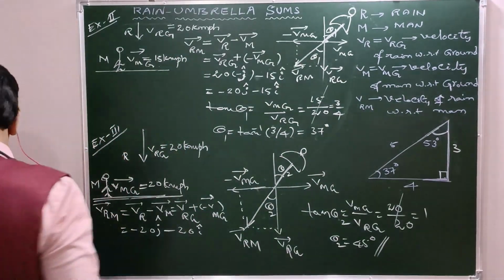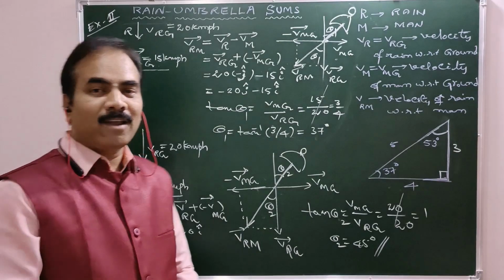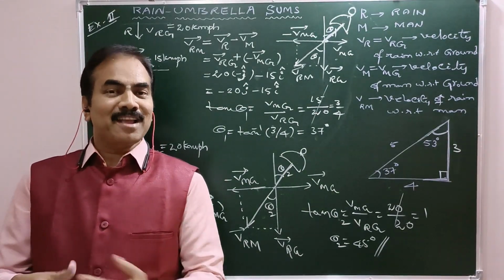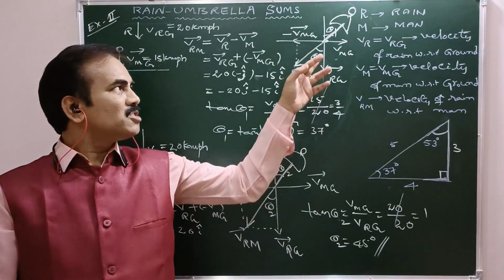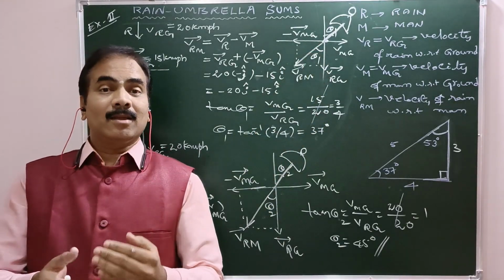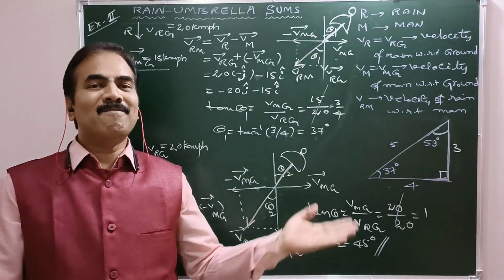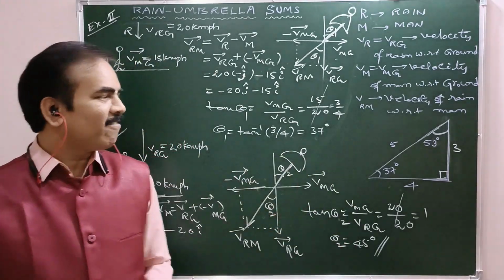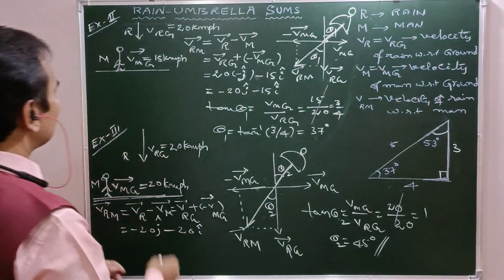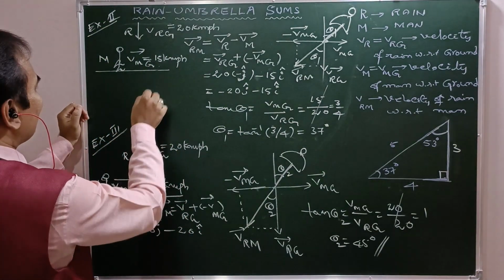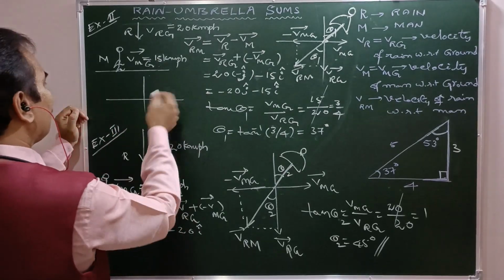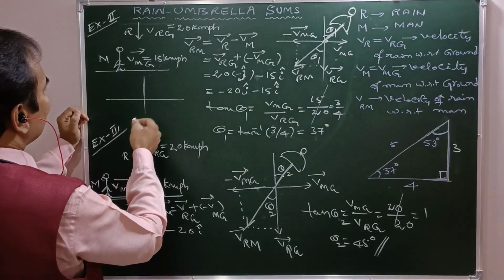So what is the inference here? For a given vertical velocity of rain, if the velocity of man along horizontal increases, he must tilt his umbrella away from the normal in the same plane. That is the inference. The same can be written somewhere here.